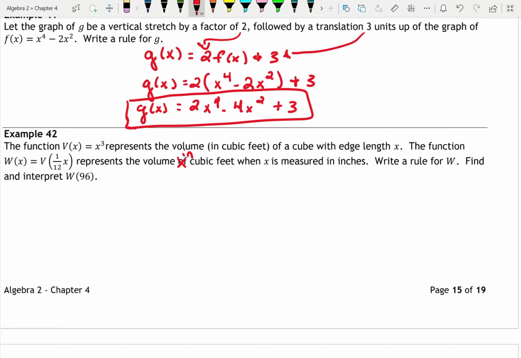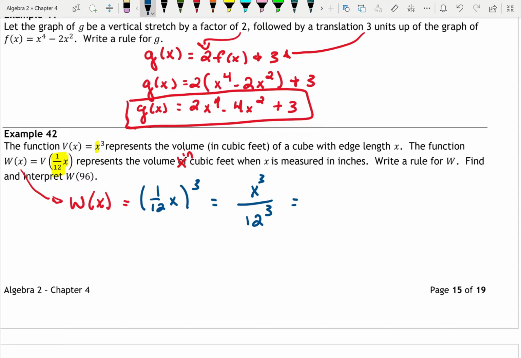Alrighty. So right here we have that 1/12. That converts the inches into feet right away. So let's actually just look at w. We're going to take this 1/12 of x and we're going to plug it into that x up there, the v of x. So we're going to have (1/12 x) all cubed. This will be the same thing as x cubed over 12 cubed. And I'm going to write out what 12 cubed is.